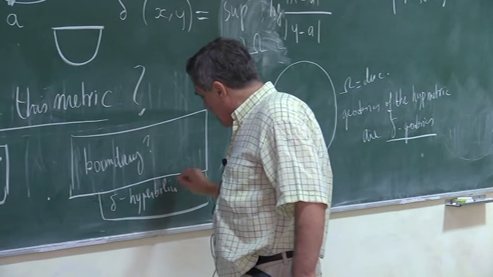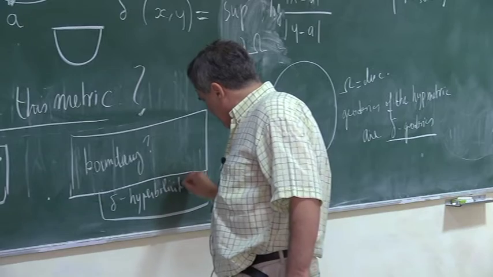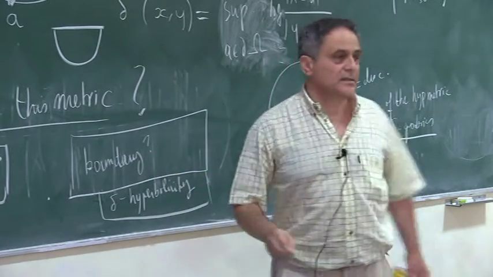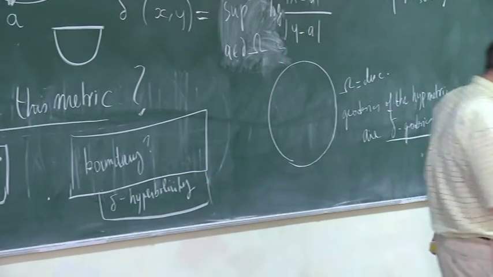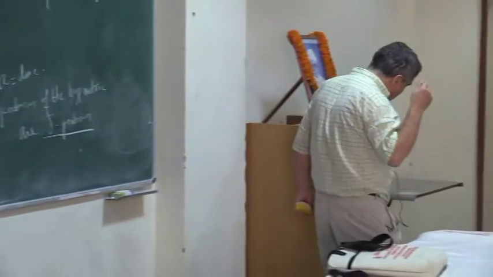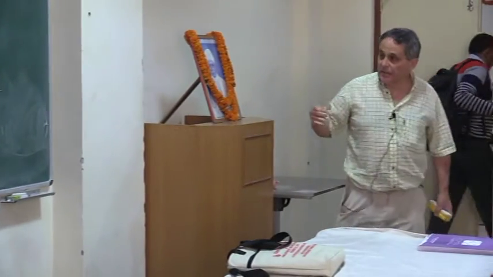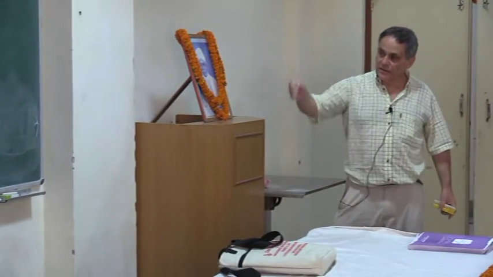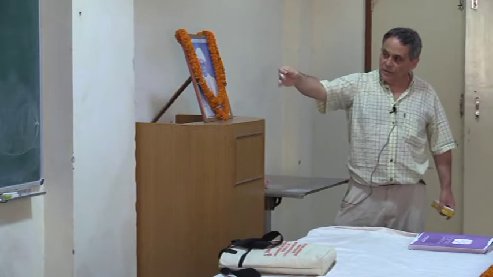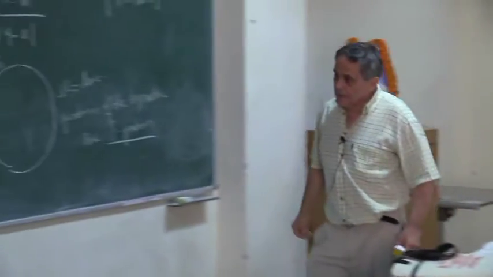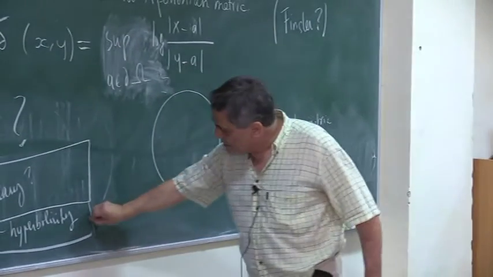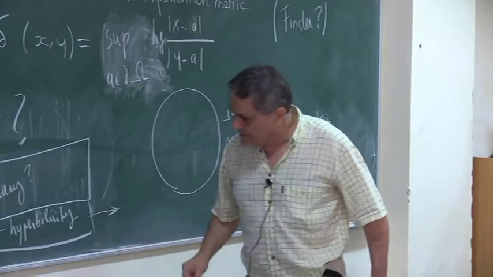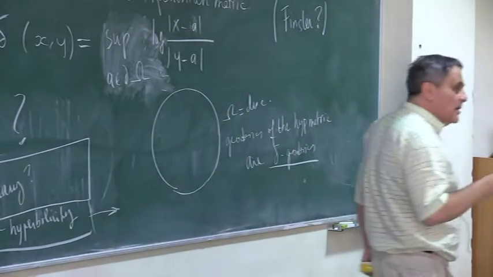So there are a lot of definitions of boundary. The best thing is that you take the visual boundary, or the Busemann boundary, the horocycle boundary, and so on, and then you want to relate these. If you know that the space is delta hyperbolic, then there is a canonical boundary.